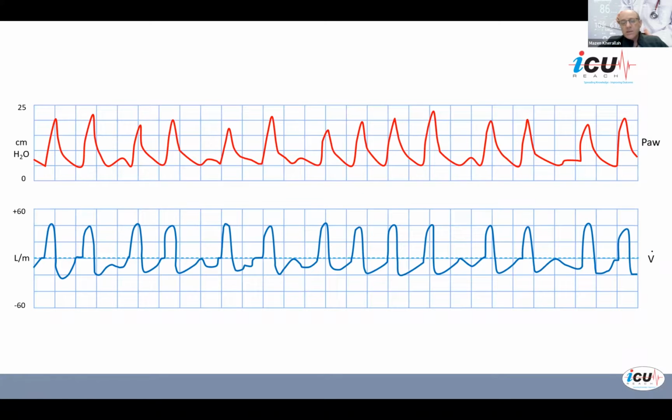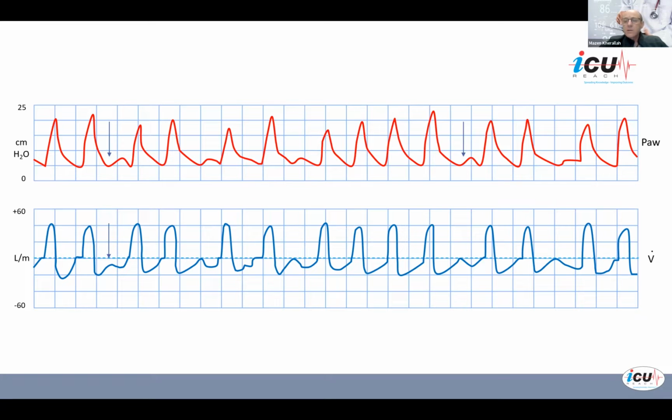And this is another example where you can see that this patient not only has those negative deflections in the pressure, and you can see the increase in the flow here, indicating that the patient is trying to breathe here, and those were ineffective in triggering the ventilator.